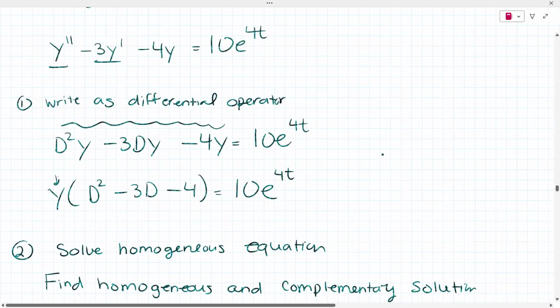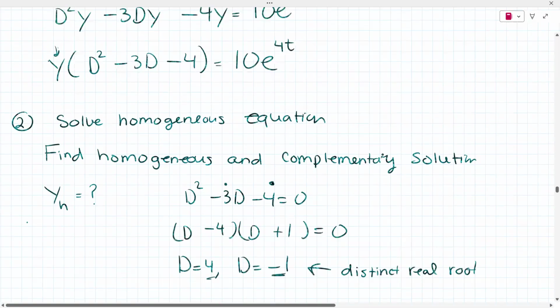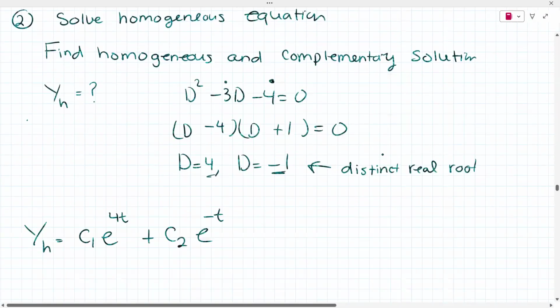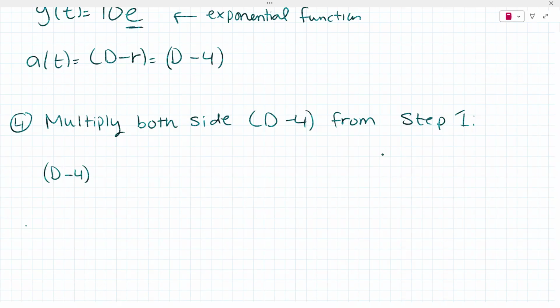We had d minus 4 times d plus 1, and then on the right, we had 10e to the 4t, right? And then we just got to multiply both sides by d minus 4. So you can multiply this by d minus 4, and then this is going to be d minus 4. Okay.